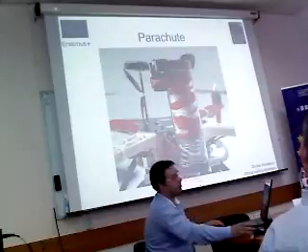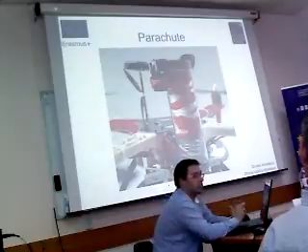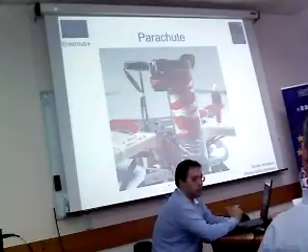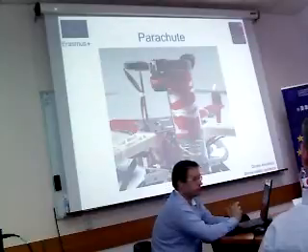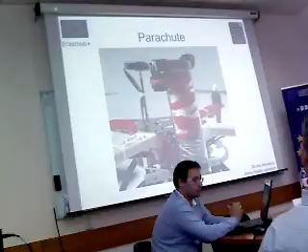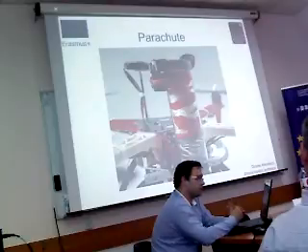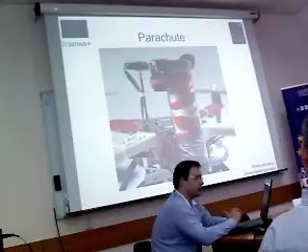The only solution that can minimize damage to the drone after impact is a parachute. Actually there are three main types of parachute. There are parachutes that are very cheap and easy to install, installed on top of the UAV.